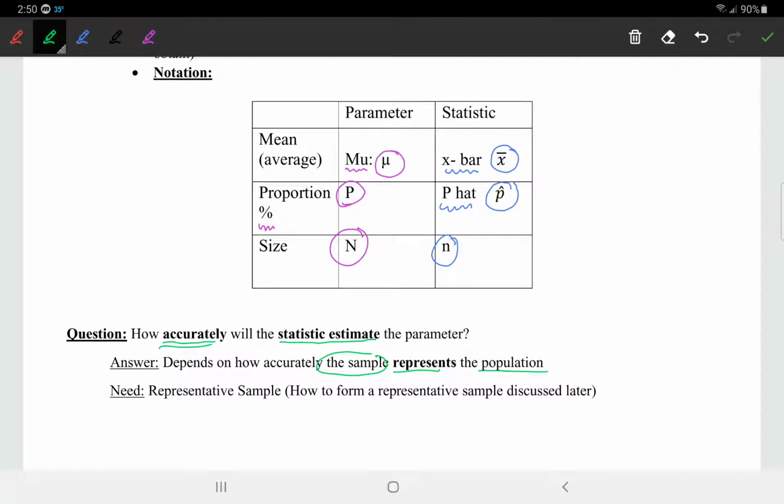So one concept that we're very concerned with in statistics is that we want to make sure that we get a representative sample, that is, a sample that represents the population. How we're actually going to form a representative sample will be discussed later, but for right now, it's important to know that we will need representative samples.